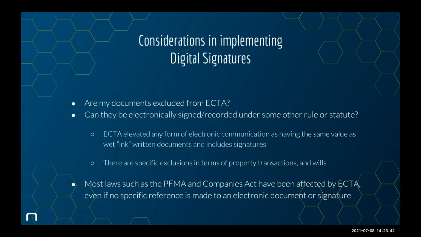Now, some of the considerations you need to take if you're going to implement digital signatures within your environment. You always need to look at the type of documents that you are using within your organization and whether any of those documents may be excluded from the ECT Act. Another consideration is, can they be electronically signed and recorded under some other rule or statute?